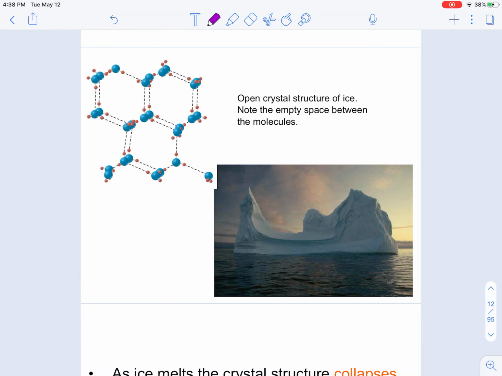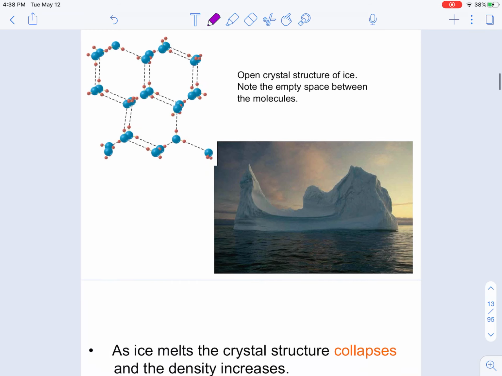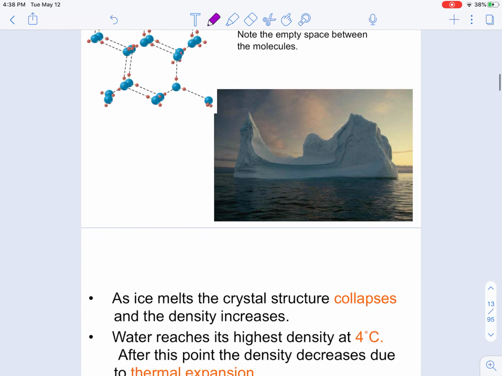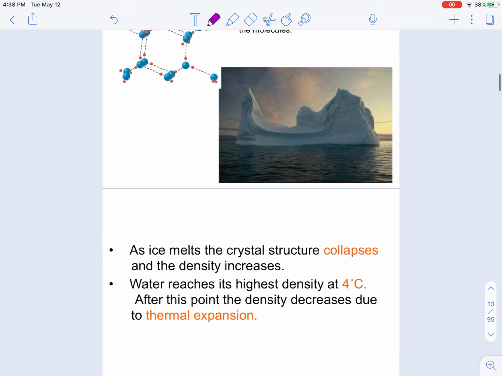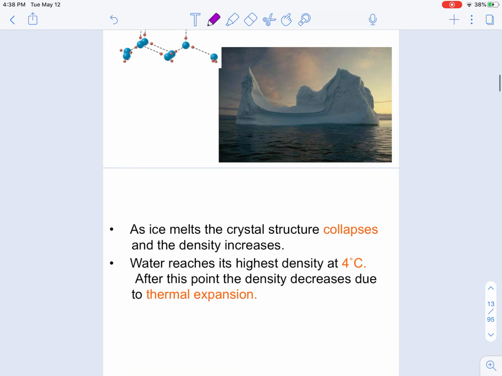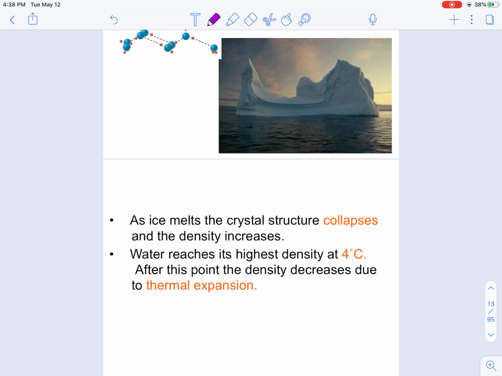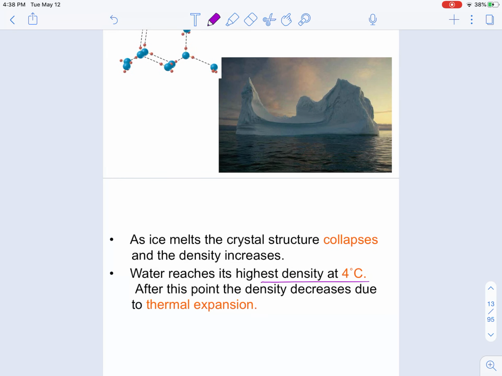When it's frozen, it has this crystal structure, and that's kind of cool, but it also gives it some interesting features, like the fact that it is most dense at 4 degrees.